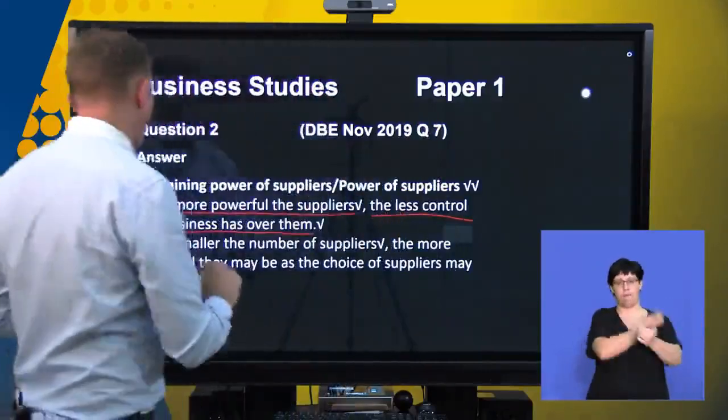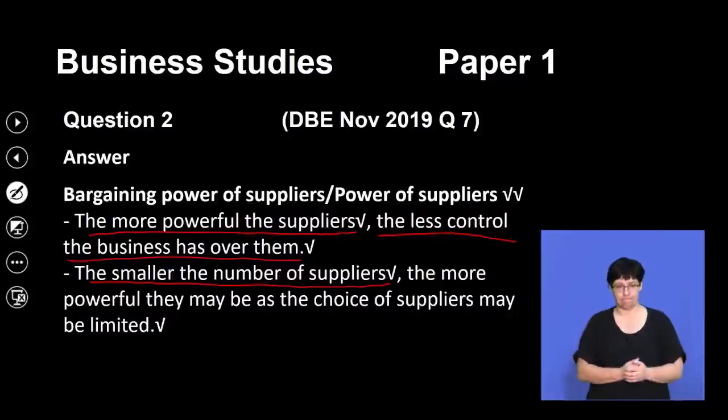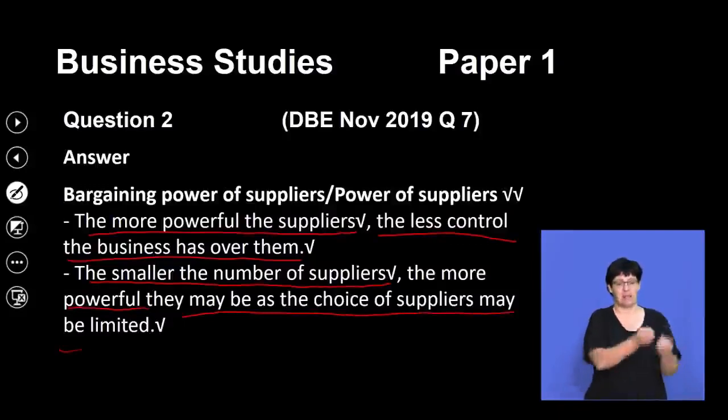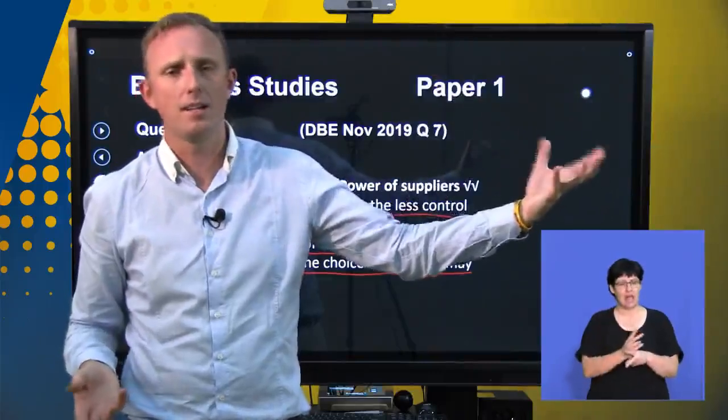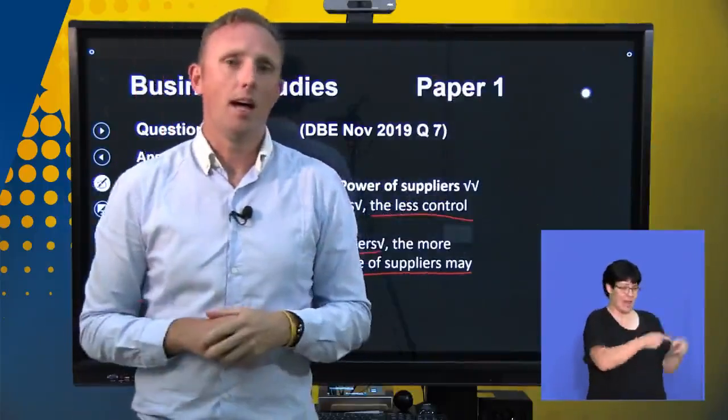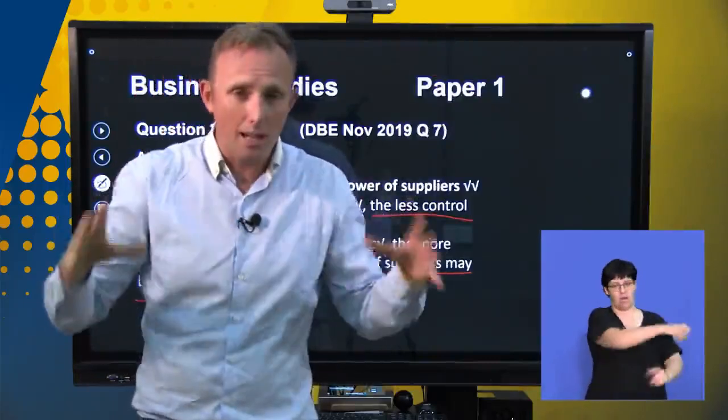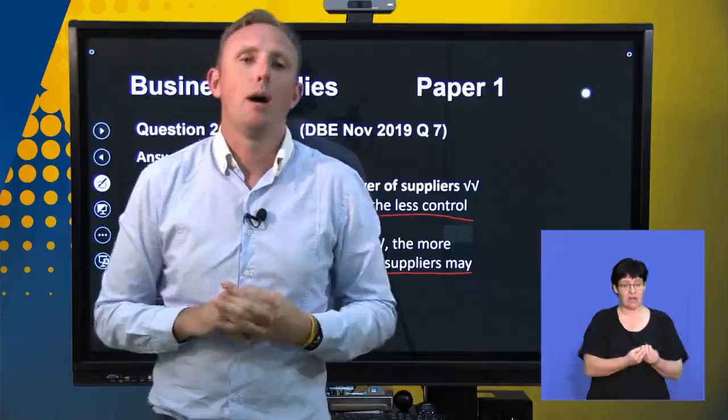The smaller the number of suppliers, the more powerful they may be, as the choice of suppliers may be limited. Once again, the more rare the supplier is, the more powerful they are going to be. If there's a smaller number of suppliers, they're going to have a lot more power over us.